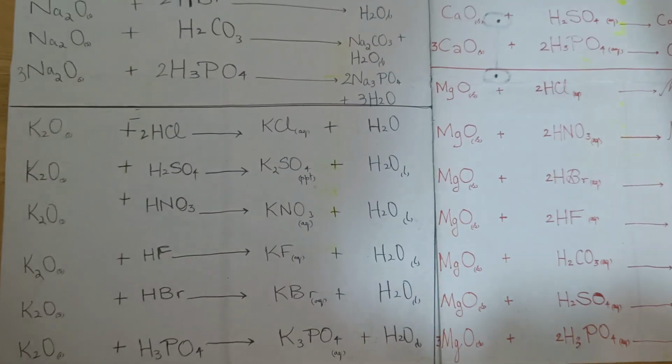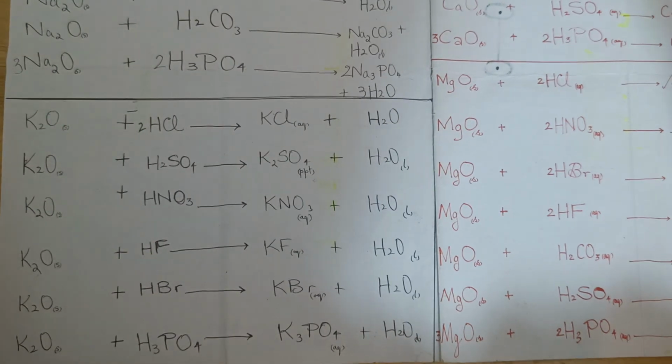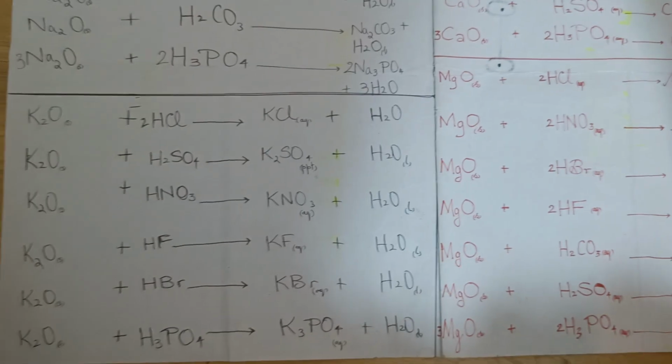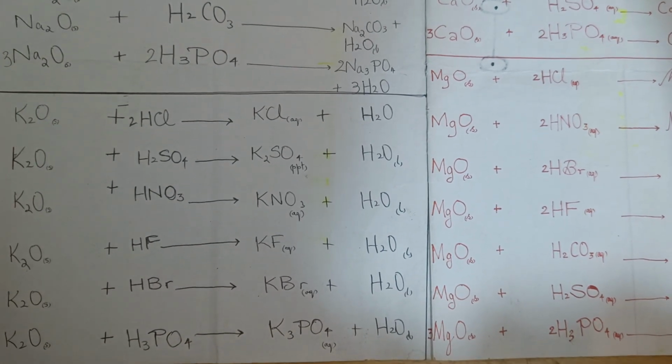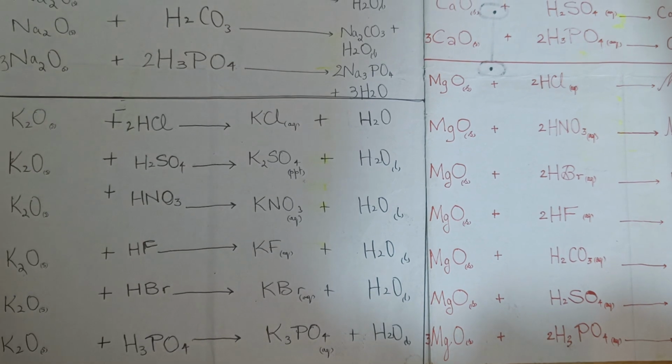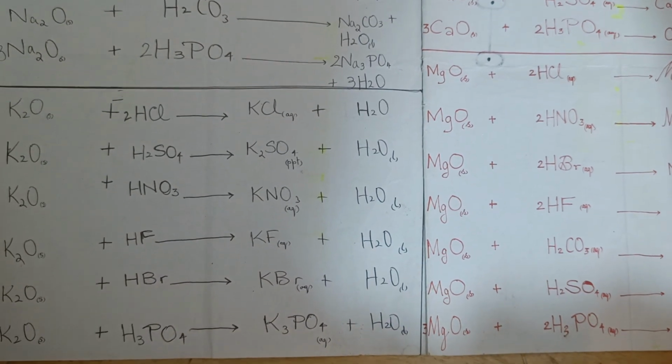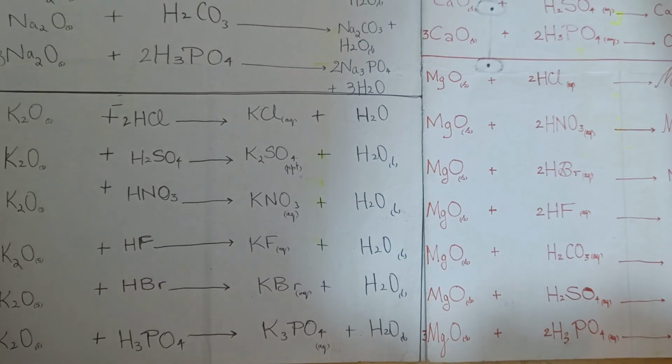With hydrofluoric acid, it would give you potassium fluoride. With hydrobromic acid, potassium bromide. With phosphoric acid, tribasic potassium phosphate.